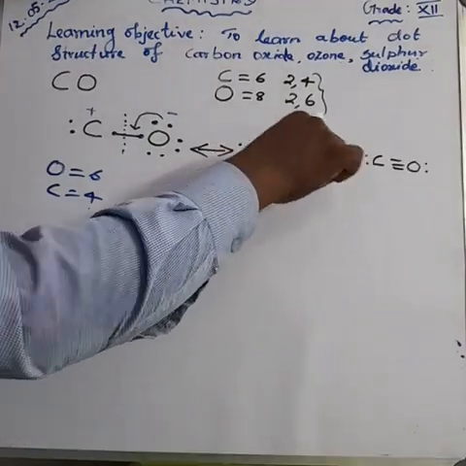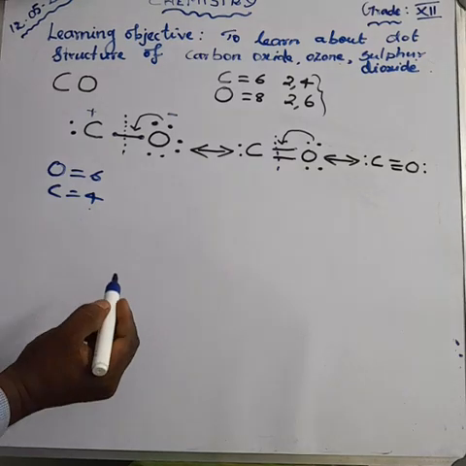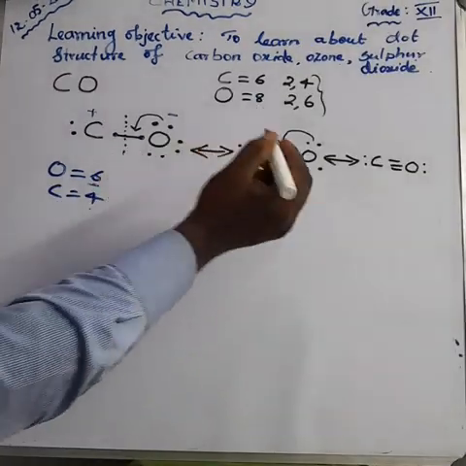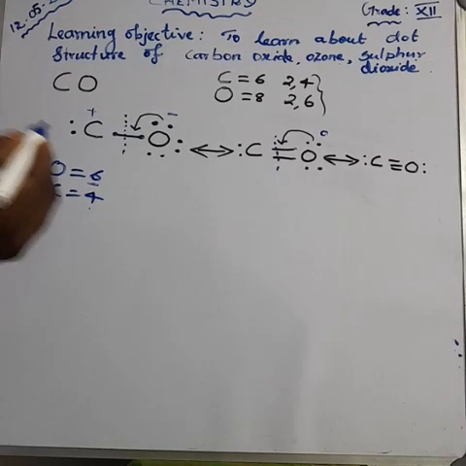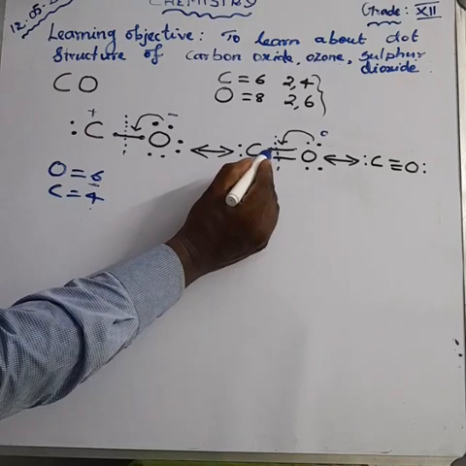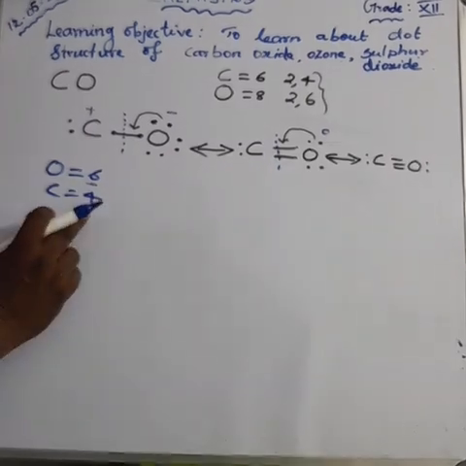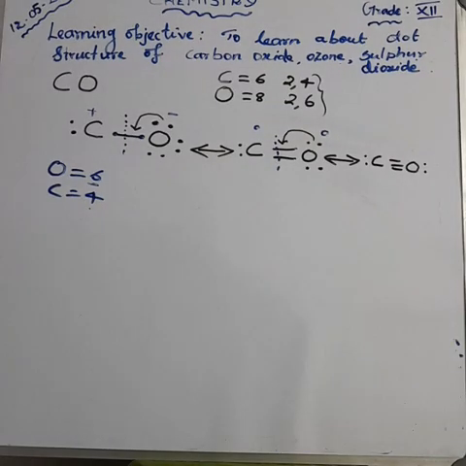How many electrons total here? 1, 2, 3, 4, 5, 6. So the valence electron is 6, so there is no charge, we can say 0. One more. Here for carbon, 1, 2, 3, 4. So the outermost shell has 4 electrons. There is no extra electron or shortage of electrons. So we can give 0.